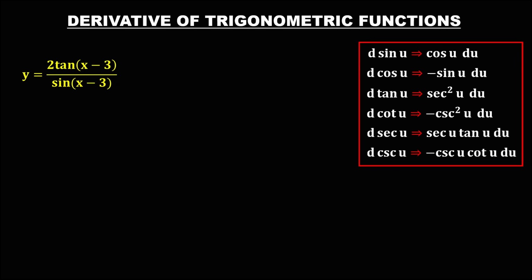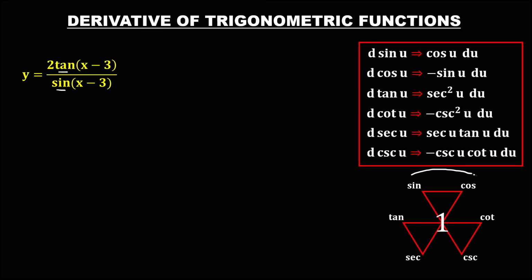Then for this given, again, if given two functions, we need to check if there is an identity. If the function is in ratio form, the identity is the function before this given two functions. So sine over cosine is equal to tangent. Cosecant over cotangent is equal to secant.